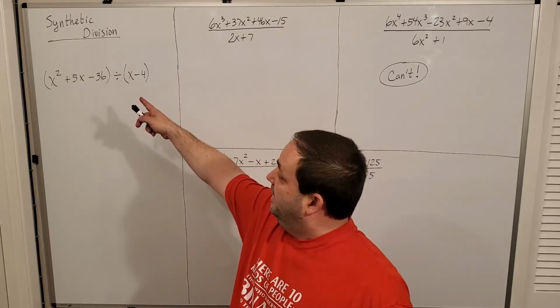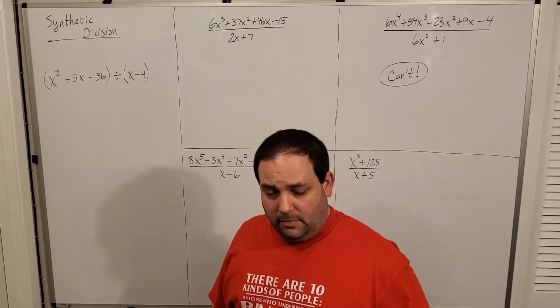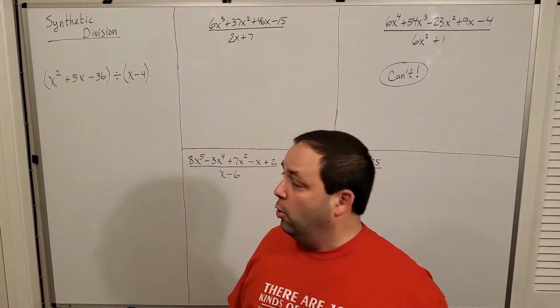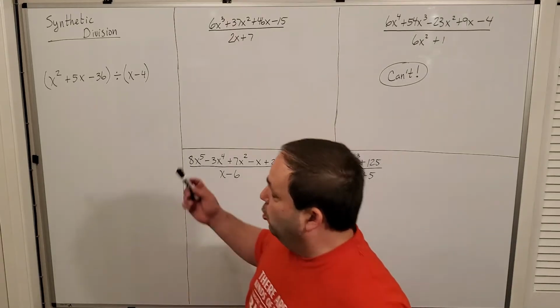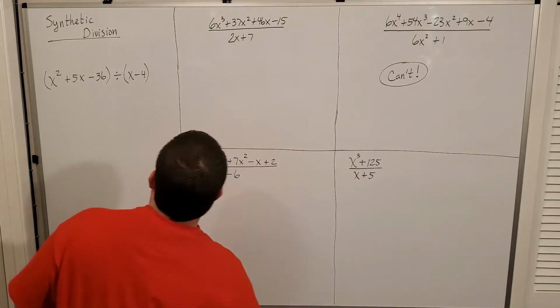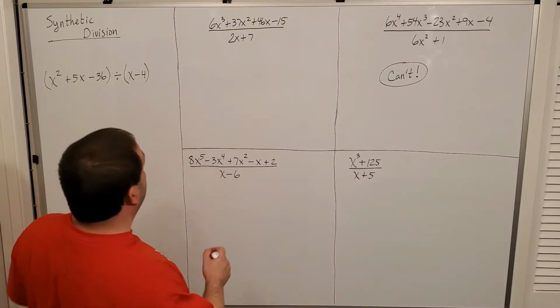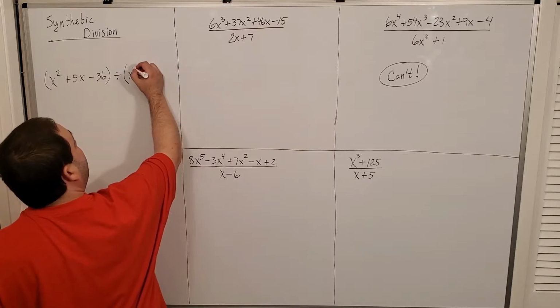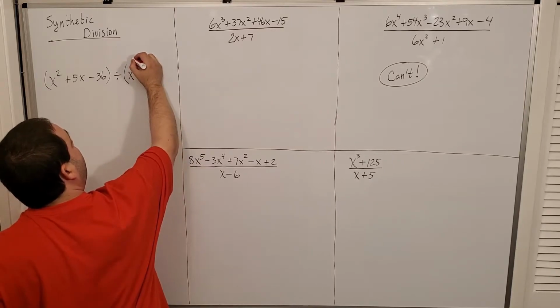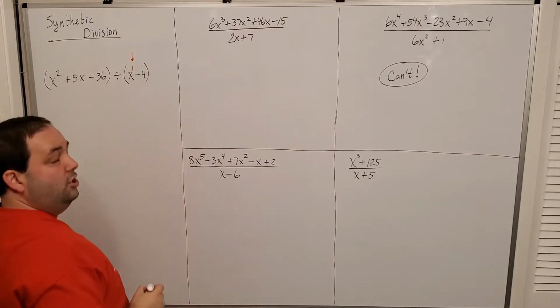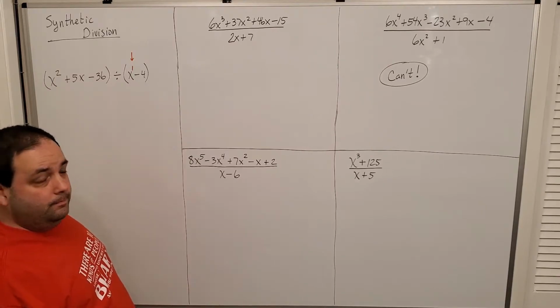Okay? Here, synthetic division. A couple of key things before we begin. Okay? When you're doing synthetic division, the two things that are a must before you begin setting up the actual division itself is that the denominator must be linear. It must be x to the 1.